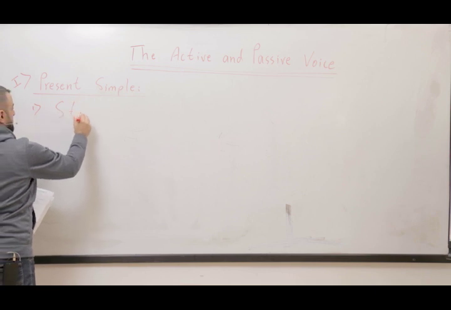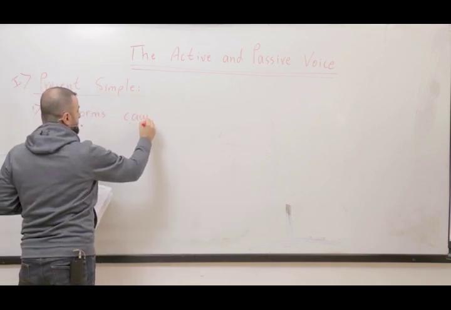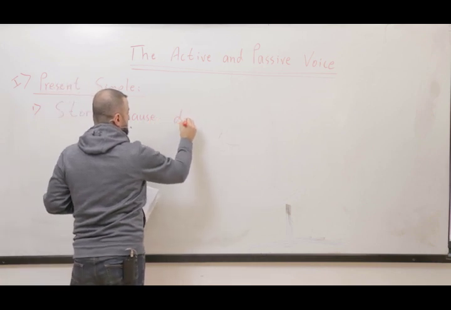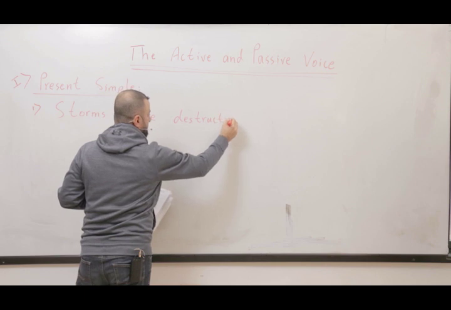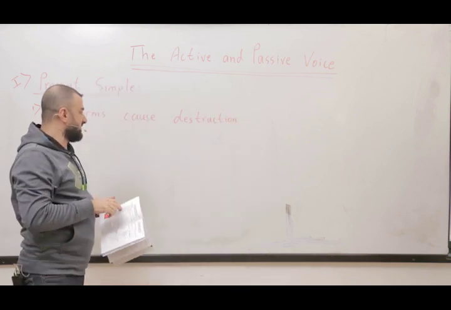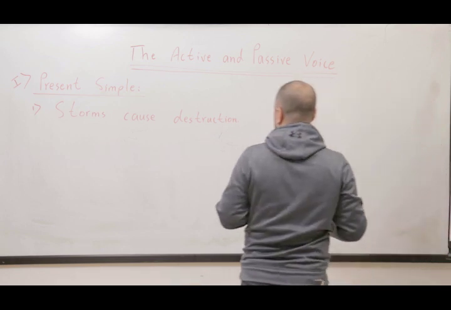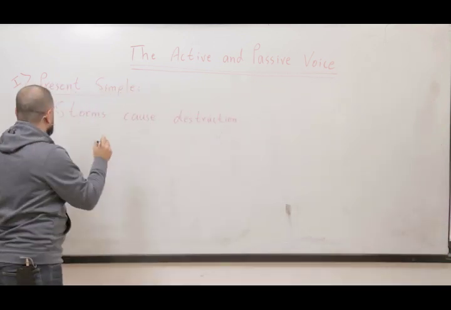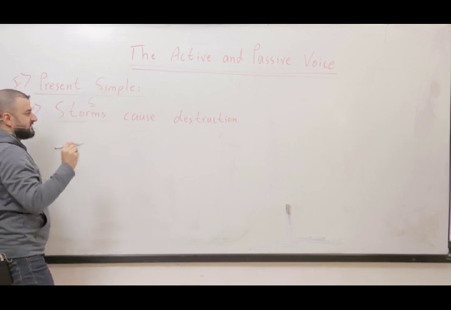Storms cause destruction. This is an active sentence. First of all, the first step is to underline the subject of the sentence.